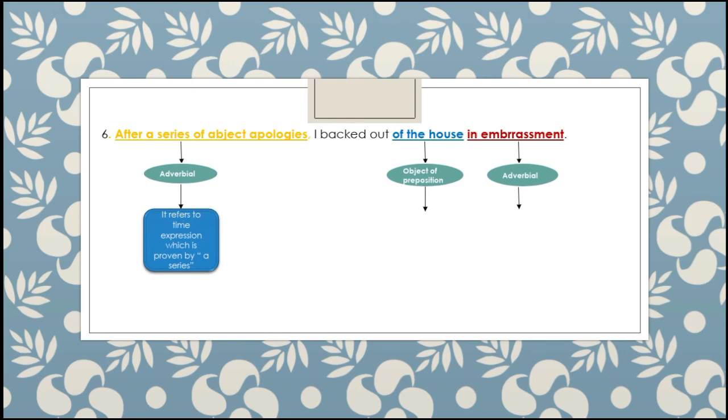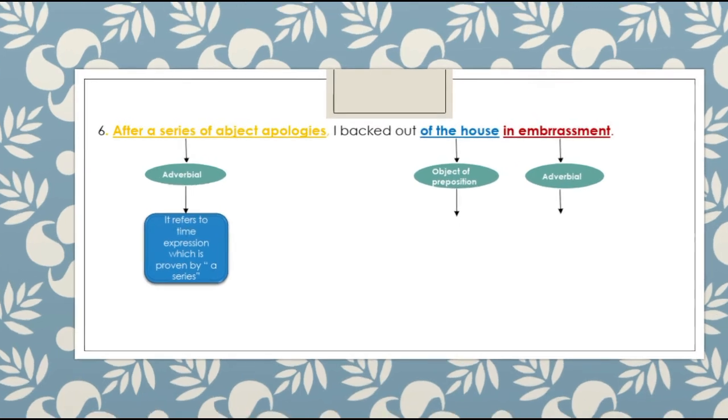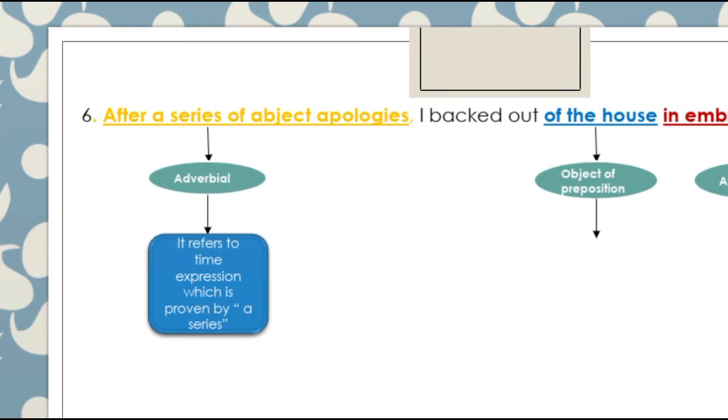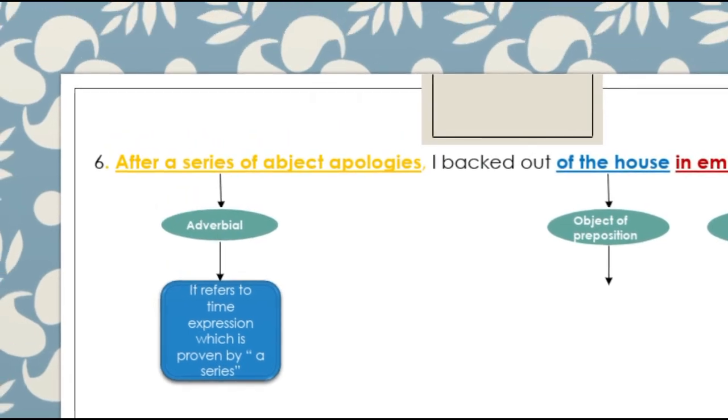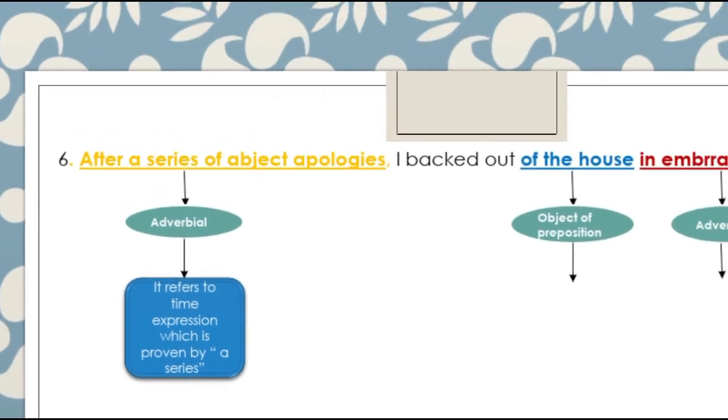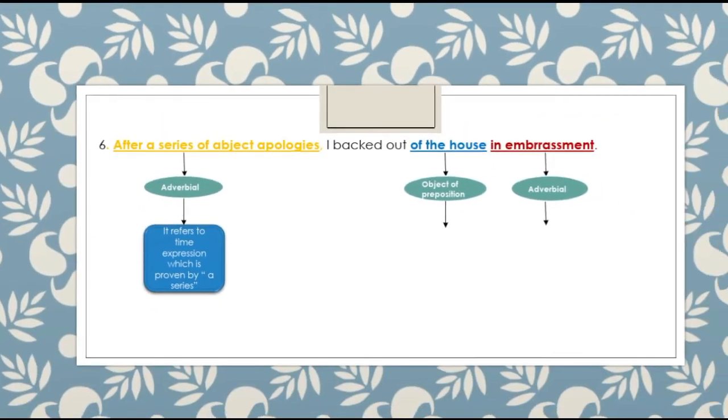After a series of object apologize is adverbial because it refers to a time expression which is proven by a series. A series in here refers to a time expression.